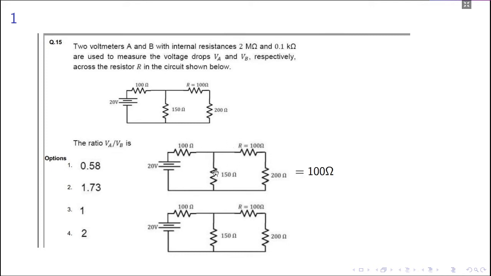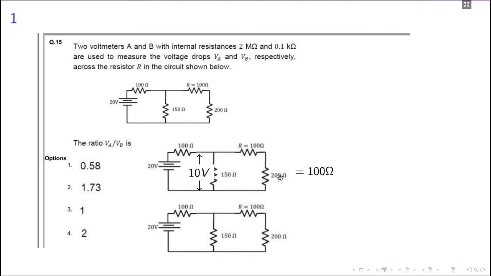Resistance here, these three. So there will be 100 ohm in series with another 100 ohms. So the voltage drop on this one will be 10 volts, and the voltage drop on this will be 10 volts. So the voltage drop across these 2 points will be 10 volts. So if 10 volts is dropping around two resistors in series, the voltage drop will be proportional to the value of resistance.